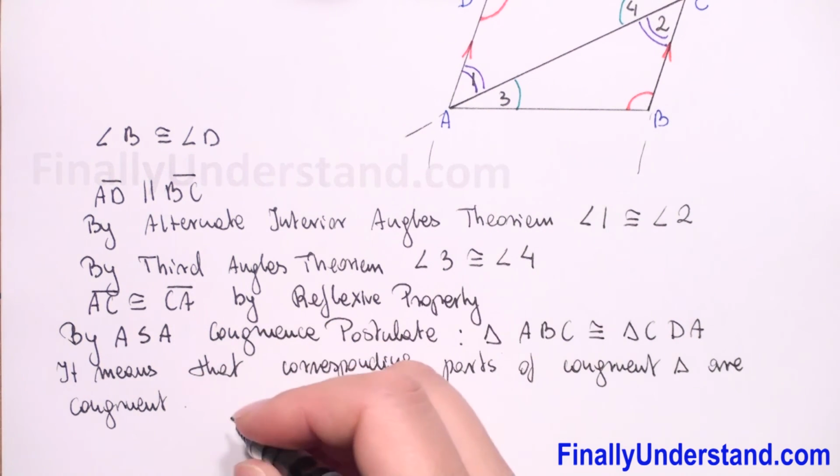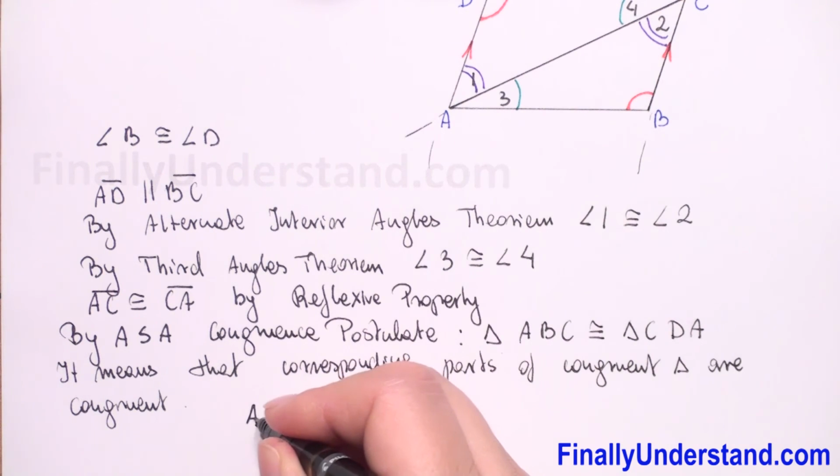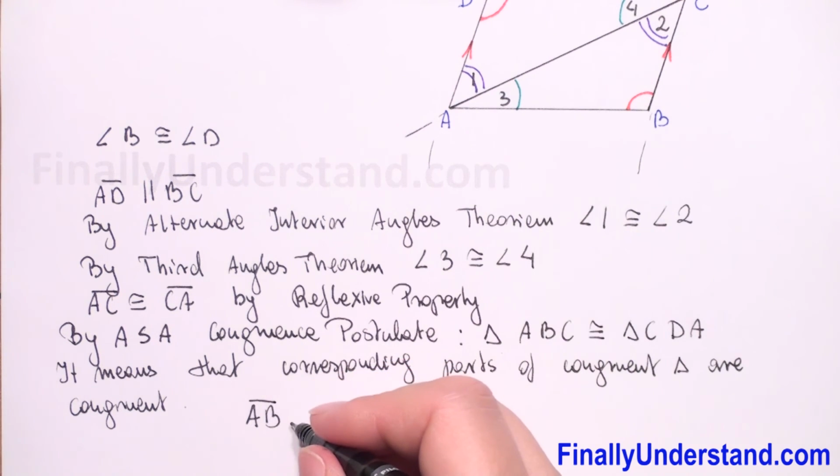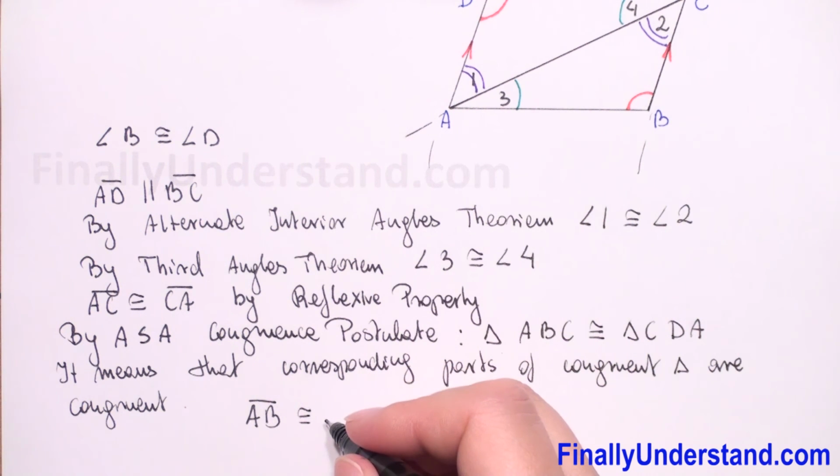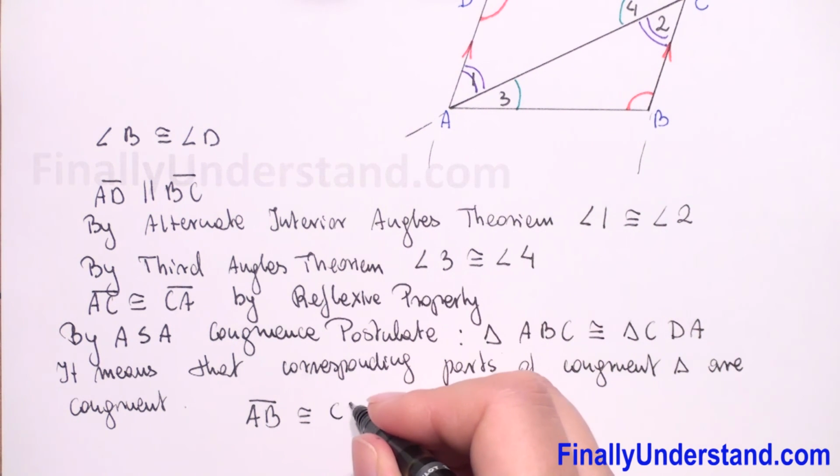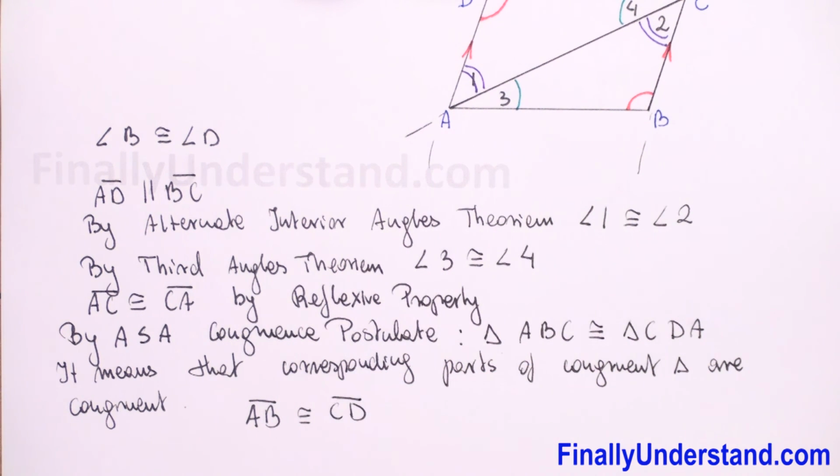So we have that segment AB is congruent to segment CD. Why? Because triangle ABC is congruent to CDA. It means that corresponding parts are congruent. So segment AB is congruent to CD. This is my solution.